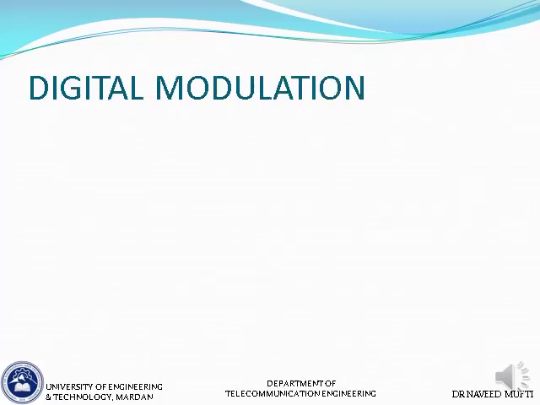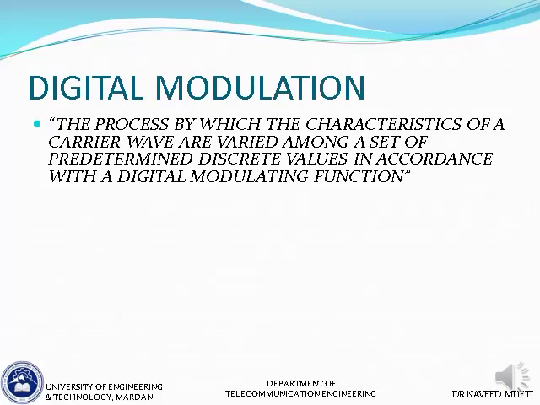Okay, so how do we define digital modulation? Digital modulation can be defined as the process by which the characteristics of a carrier wave are varied among a set of predetermined discrete values in accordance with the digital modulating function.